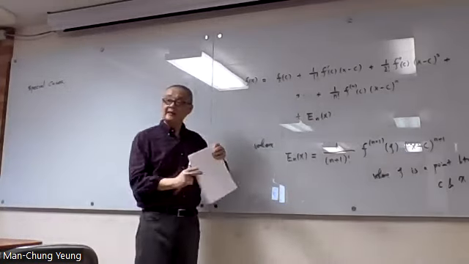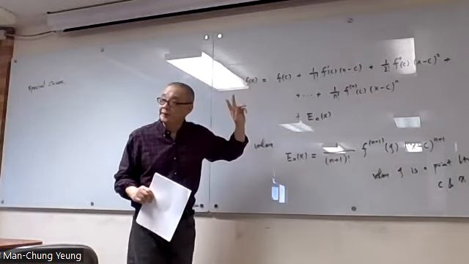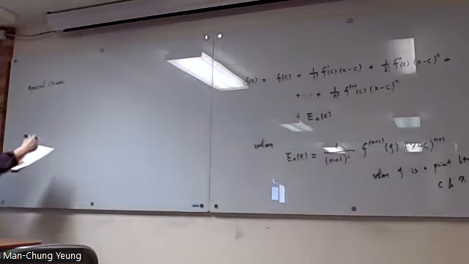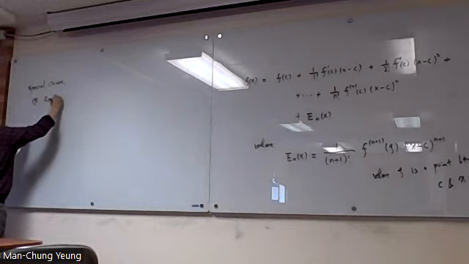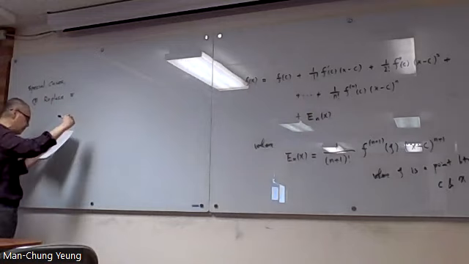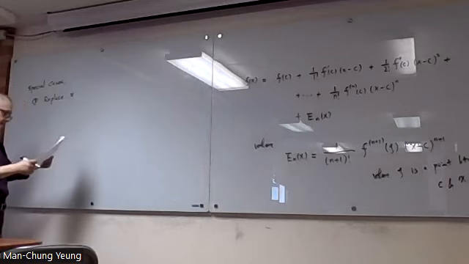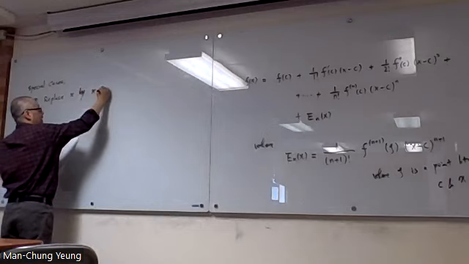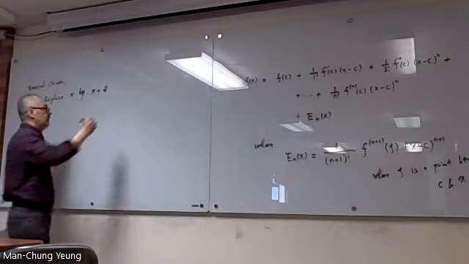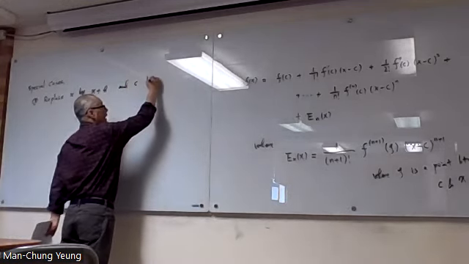In this equation, x and c are any two points. Now the second case: replace x in the equation by x plus h, and replace c in the equation by x.